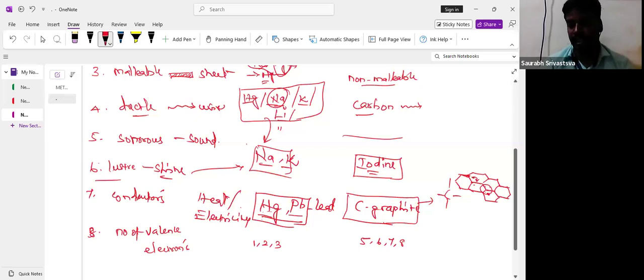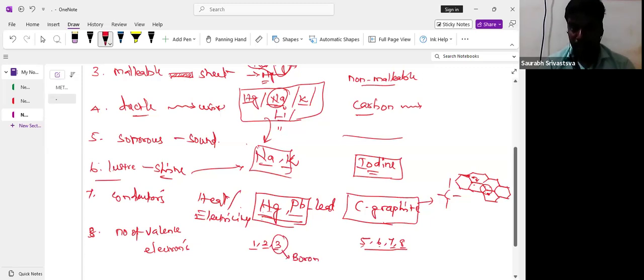If valence electron 5, 6, 7 or 8 is present, then it is considered a non-metal. If it is valence electron 1, 2 or 3, then we consider it a metal. In that particular condition, the valence electron of boron is 3.